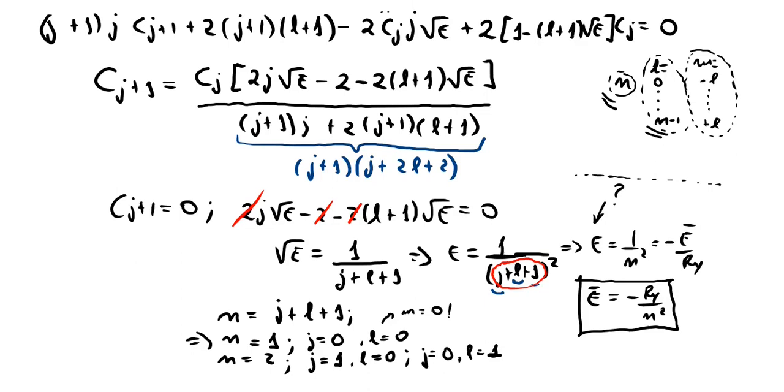Okay, so let's see how the wave function is now. Let's go all the way back to the wave functions. My wave functions were something like u of r, which was e to the minus the square root of e r, then r to the L plus 1, and a v function, which is this polynomial.